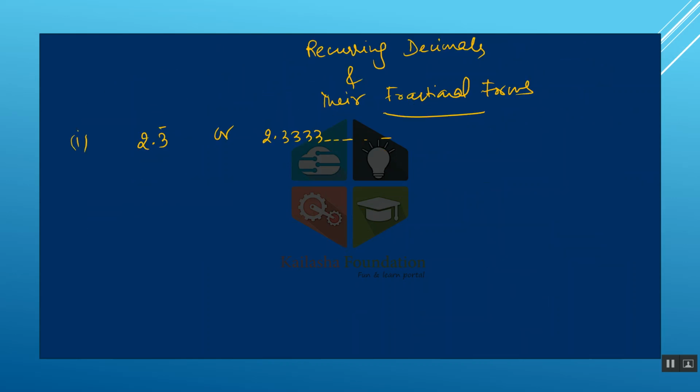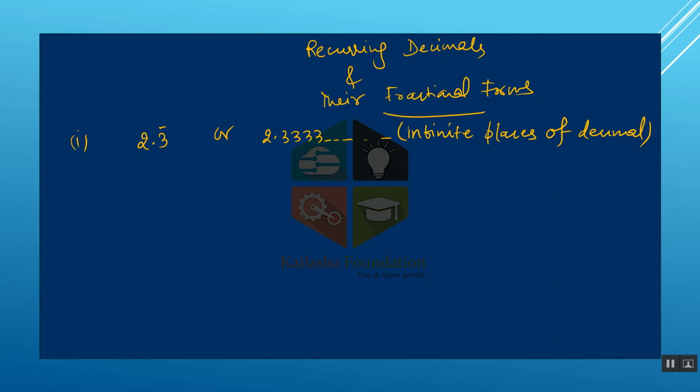Now, recurring decimals and their fractional forms. So 2.3 recurring. Okay, that means 2.33333 infinite times, infinite places of decimal.